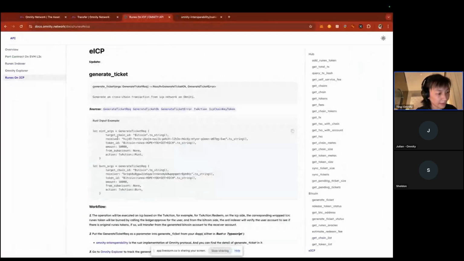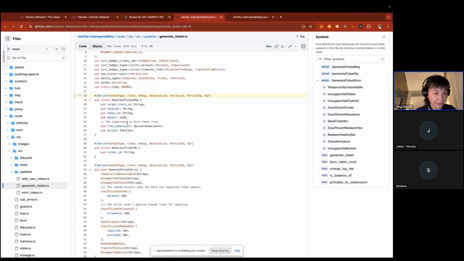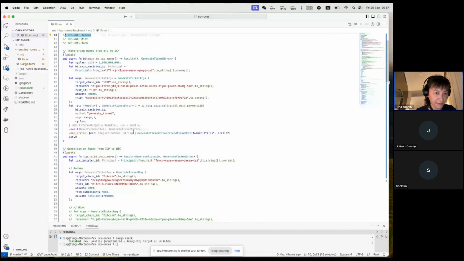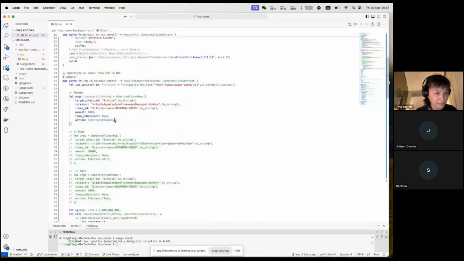So again, the formatted output is here. It will be looking something like this in a canister format again.